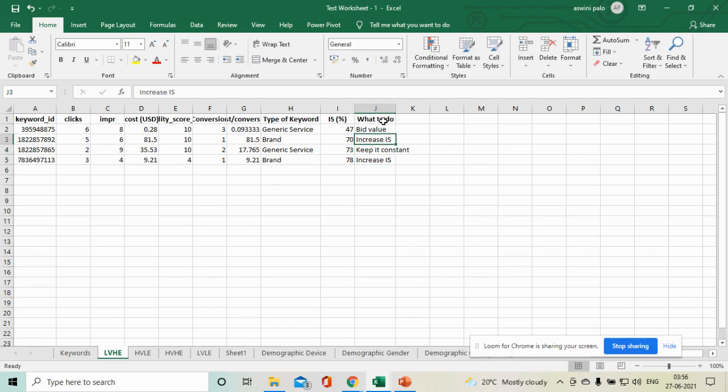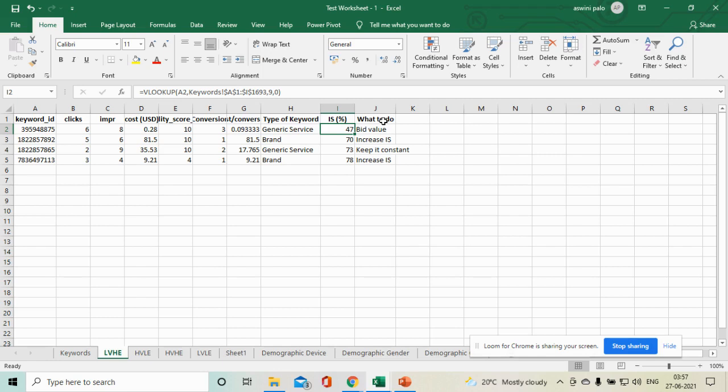So what you came to know here, for this particular segment, for these two keywords, you need to increase the impression share. And for these two keywords, the impression share is good. Here it is not that great, but 50% impression share for generic is a good number.